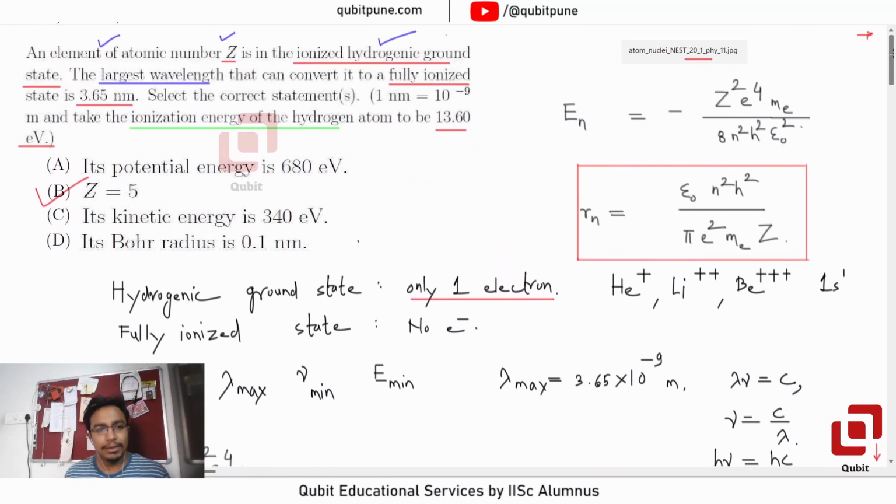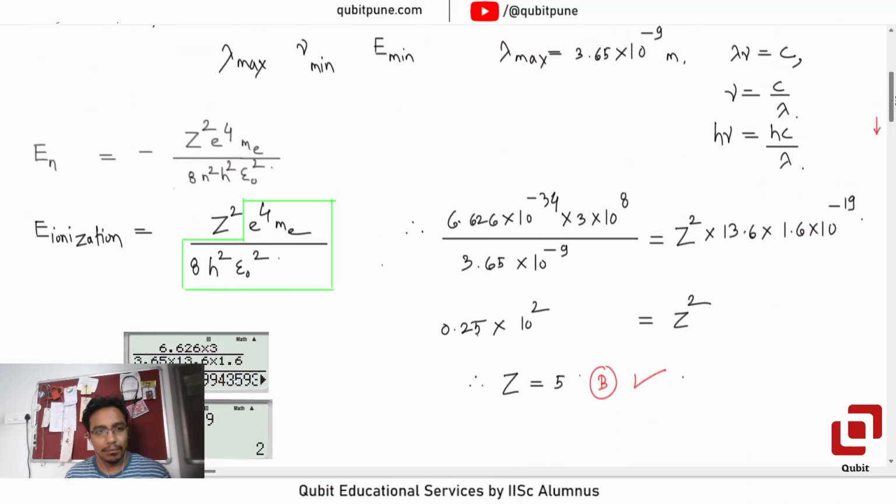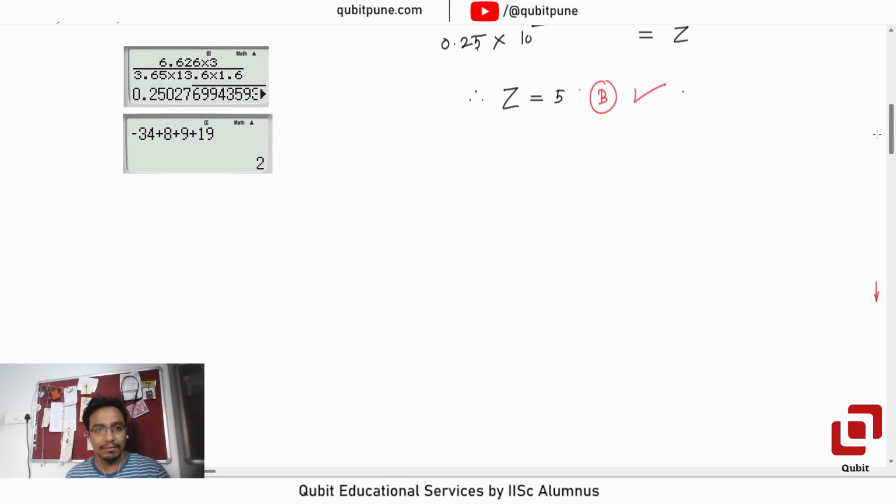Let us find out the kinetic and the potential energies of this particular atomic species. Now what have we seen there? We have seen that En is equal to negative z squared into that. So let us find out E1 now because it is in the ground state.